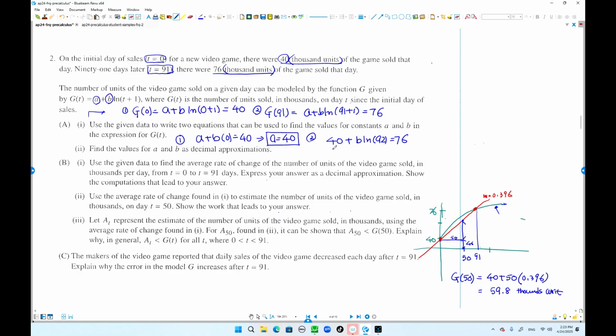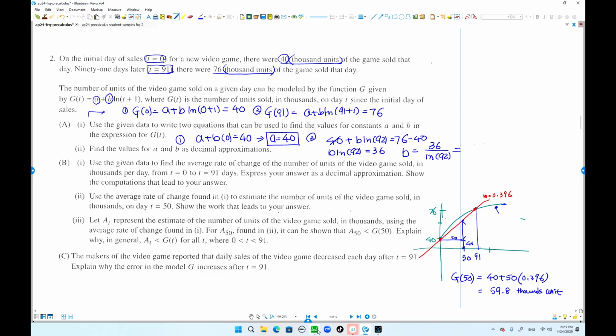Subtract 40 from both sides, we got b ln 92 equals 76 minus 40, that is 36. Finally, the value of b equals 36 over ln 92.